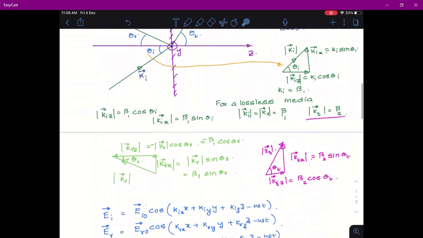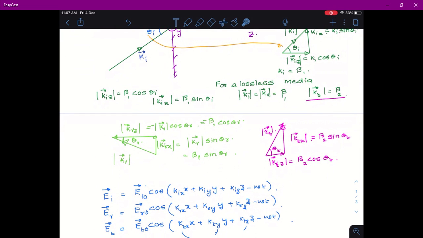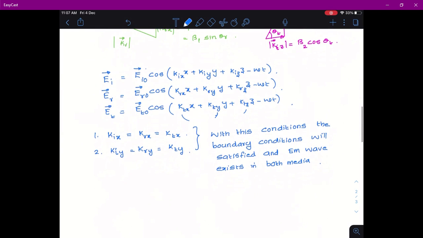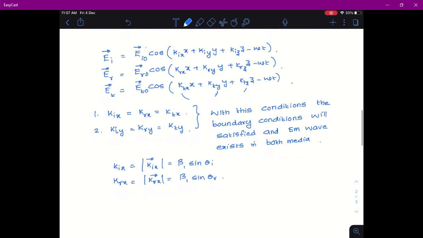Kix is the magnitude of the x component of the incident vector, and Krx is that of the reflected vector. Kix is beta 1 sin theta i, and Krx is beta 1 sin theta r, and both are equal.